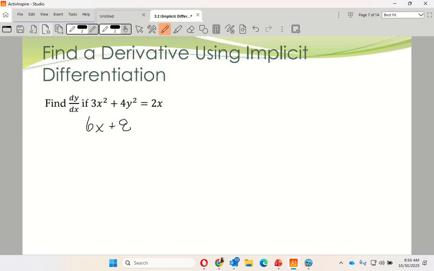It's 8y dy dx, because I am taking the derivative of something that is not x. So I state that it's the derivative of something that's not x. Equals. What is it? 2. Very good.